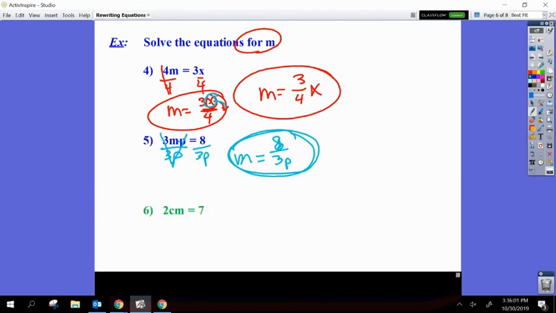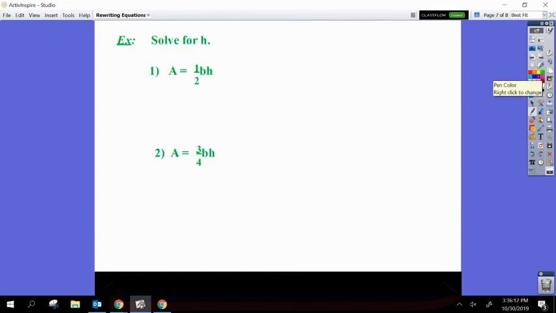This one, again, you should try on your own. Note that it's very similar to number 5. As a general rule, my suggestion would be to get rid of the fraction right away. And now we know how to get rid of the fraction by multiplying by the reciprocal, which is 2 over 1. 2 over 1, those cancel, and the 1s cancel. So 2 over 1 times a, that's just 2 times a.